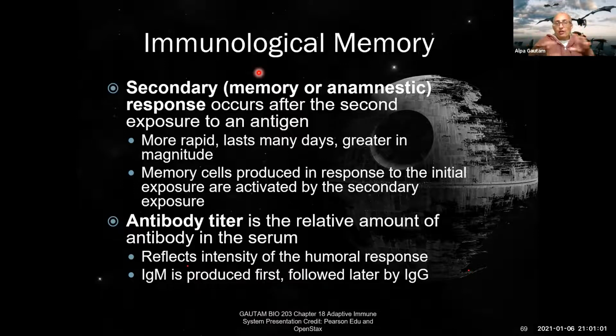The memory cells hold the memory of that antigen, so you now have memory, right? So that's why the first response takes a while before something can happen, because you have to go through this process, you have to go through proliferation and differentiation, and then the production of more of those cells. And if we're talking about B cells, the production of antibodies.